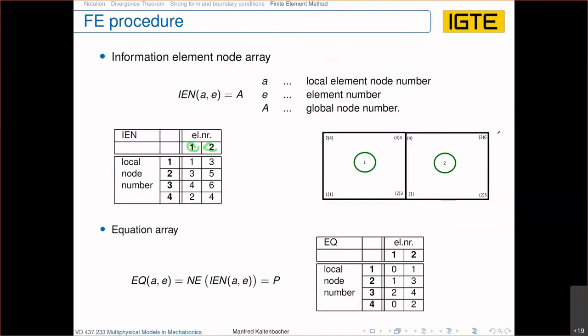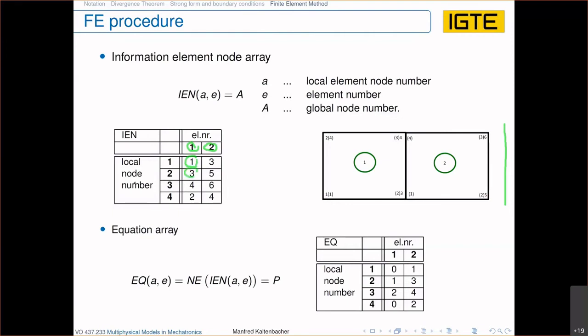If we look at our computational mesh, we see the following: local node number 1 also has global node number 1, so the entry here is 1. Then we go further: local node number 2 has global node number 3, and that is why we have the value 3 here, and so on.